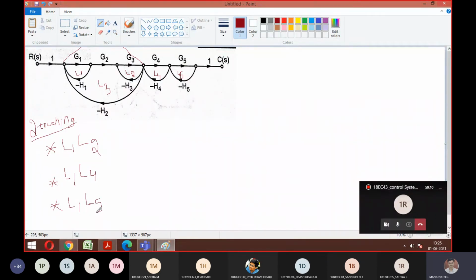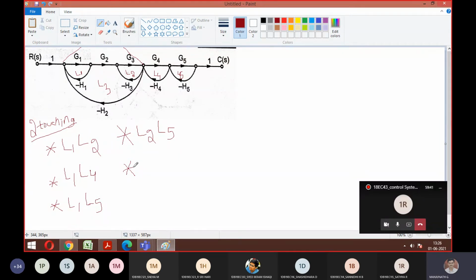Now coming to L2. L2 also we finished, right? L2 with one more is left out. L2, L1 over, L2, L3 over. I can't take L2 and L4. It's touching, right? So I can go with one more option, L2, L5. Is everyone understanding what we are doing here? Okay. Yes, sir. Then guys, any other category you have? Observe and tell me.